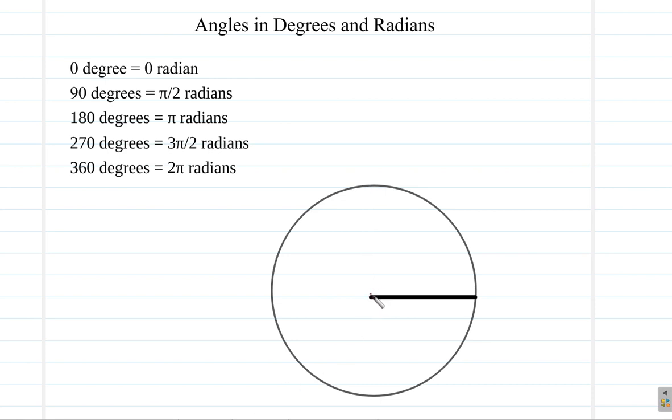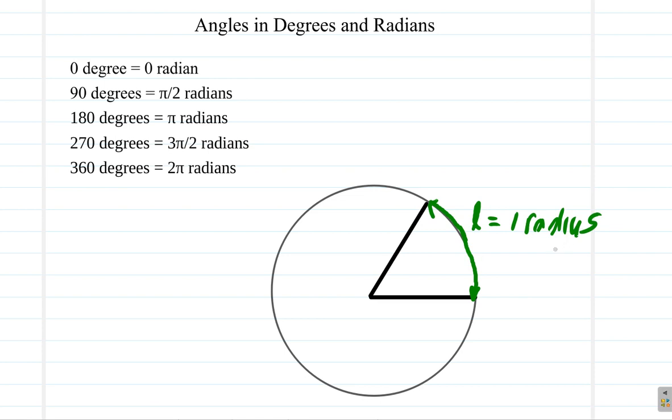Just as a reminder. Now, suppose you have another radius and you open it to this point, this angle, so that this distance coming around here, the distance of this arc from here to here, the arc length is equal to 1 of the radius.